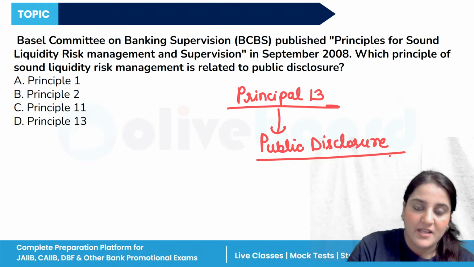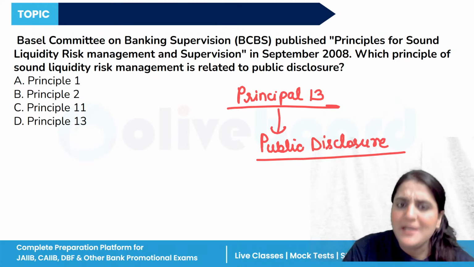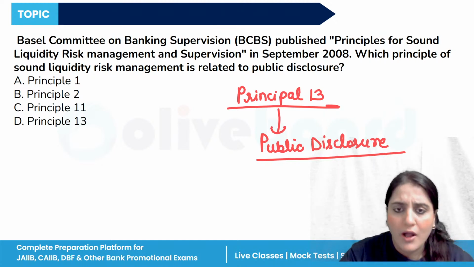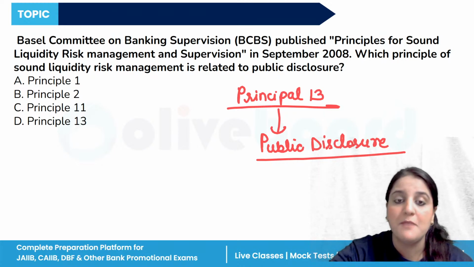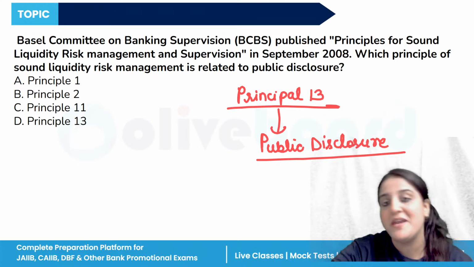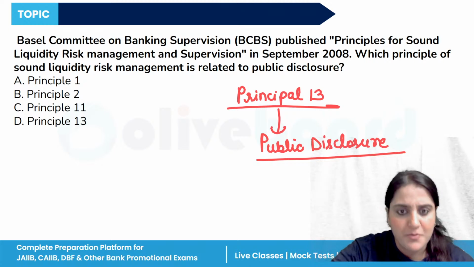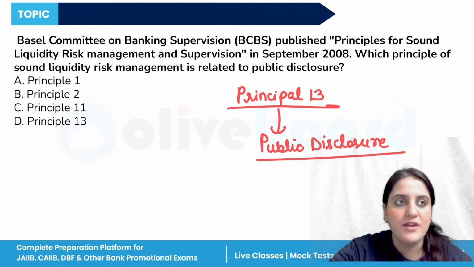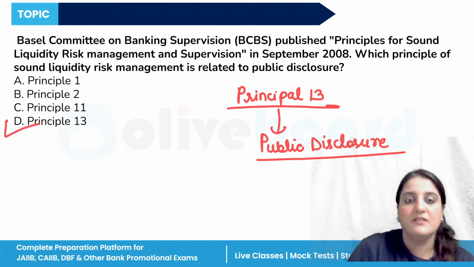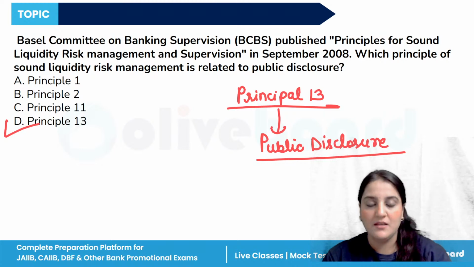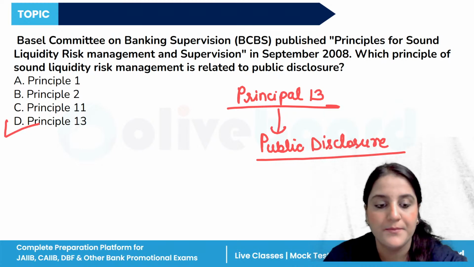Principle 13: a bank should publicly disclose all the information on a regular basis that enables market participants to make an informed judgment about the soundness of its liquidity risk management framework and liquidity positions. So the correct answer is option D, that is Principle 13.